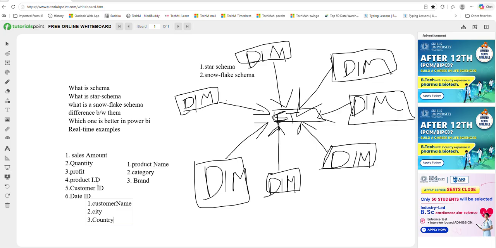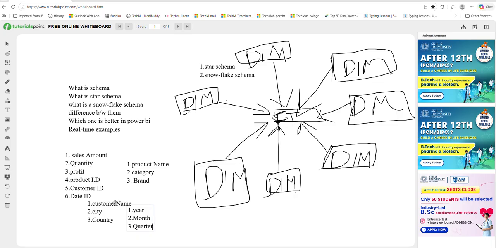Now in date table also different columns will be there, right? For date table we can take it like year, month, and we can take like quarter.